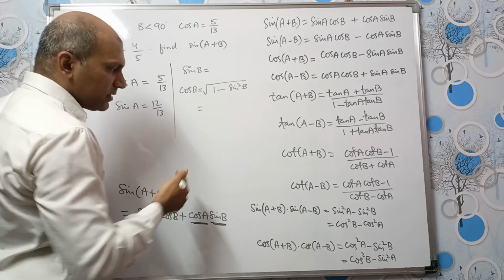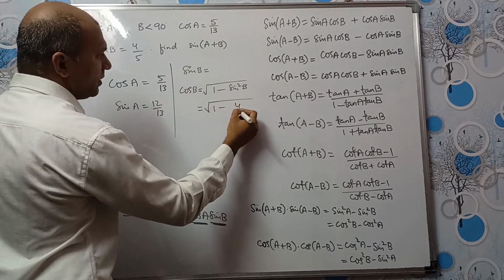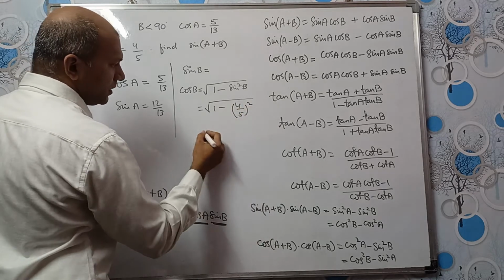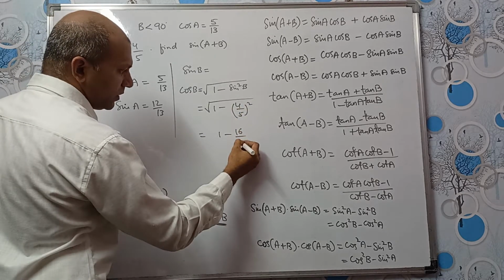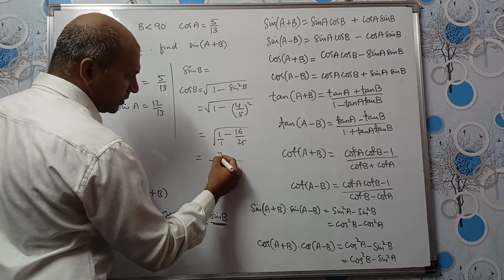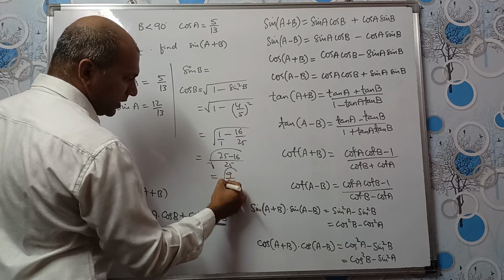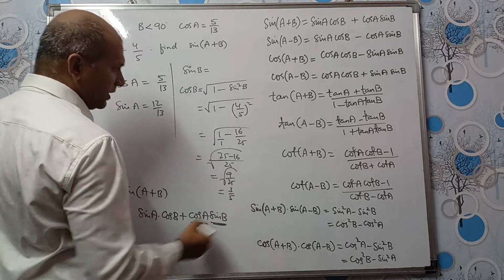So I am not writing the minus sign. So this is the root of 1 minus 4 square by 5 square, right? So this is 1 minus 16 by 25. So this is 25 minus 16, which is 9. 9 by 25. So this is 3 by 5.